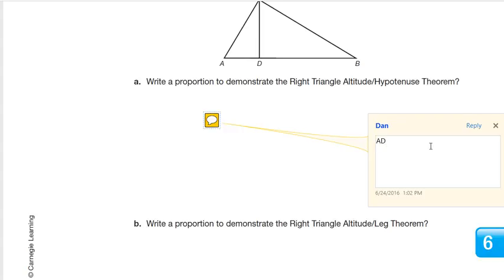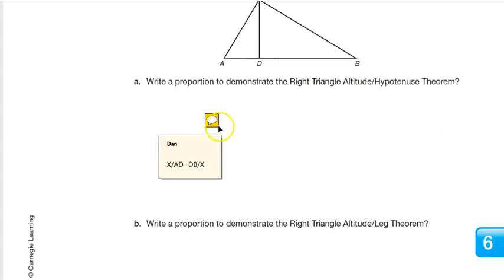So I can put x over AD is equal to DB over x. As long as I know the altitude and the distance AD, I can plug those three parts in, and then I can simply solve for this unknown DB. That's what that ratio is going to look like, okay?